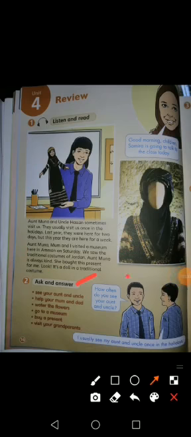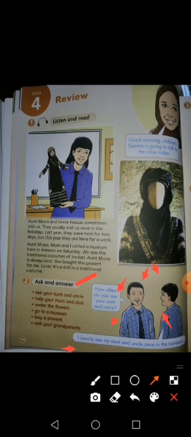Ask and answer. Here you have to ask and answer. Ask about what? For example, look at the example. How often do you see your aunt and uncle? This boy asked his friend, how often do you see your aunt and uncle? So this boy answered, I usually see my aunt and uncle once in the holidays.